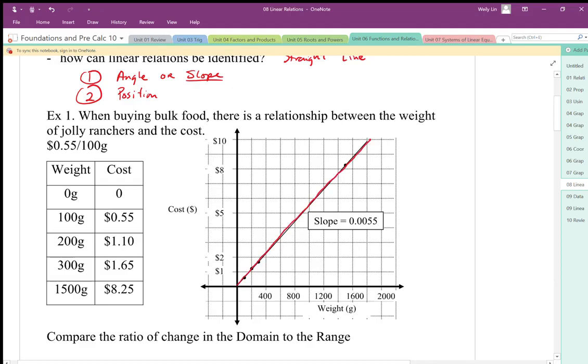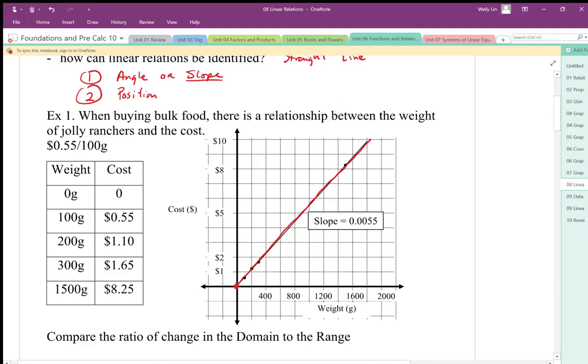What's easy to keep track of is our initial position, which is when x is 0. That's usually, for now anyways, a convenient place to look for the positioning, because if it starts up here at $5 and goes up with the same angle, these are two different relationships.